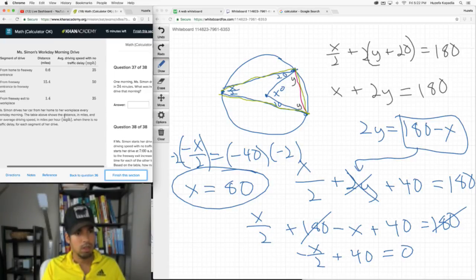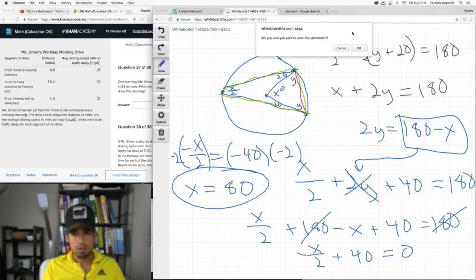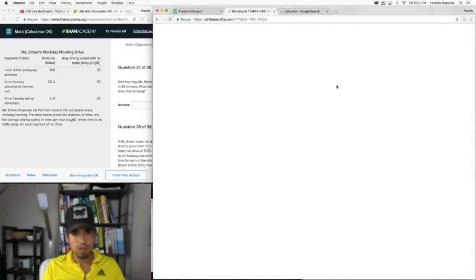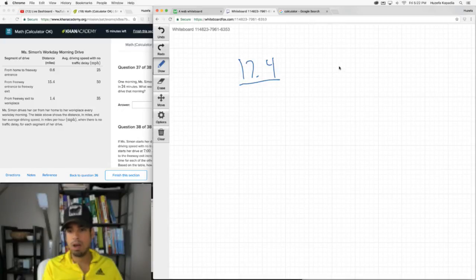So let's take a look here. How many miles did she go total? We've got to add these up. This is 17.4, so she's gone 17.4 miles. In how many minutes? In 24 minutes. But we don't want to divide by 24 because we want miles per hour. So we want to divide by whatever that is in terms of hours.